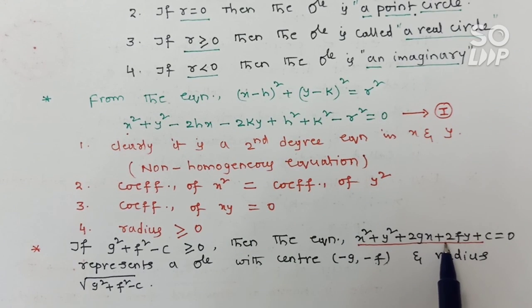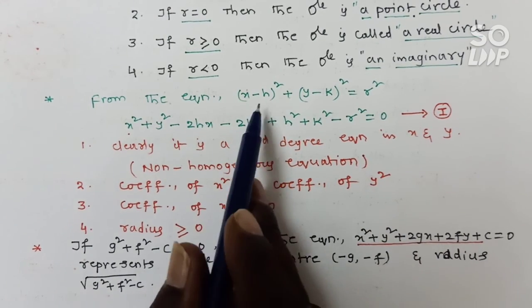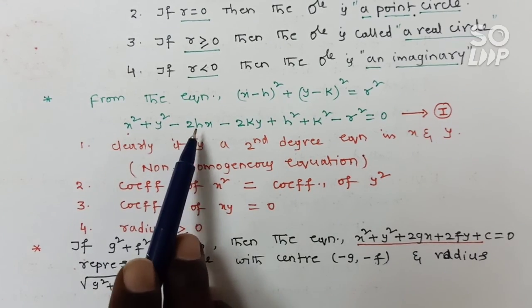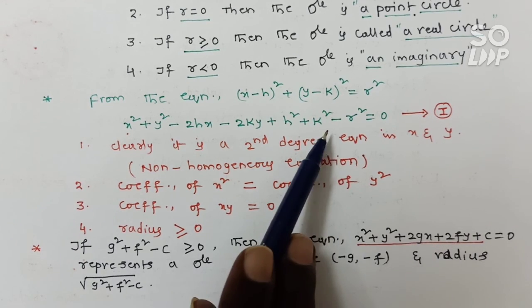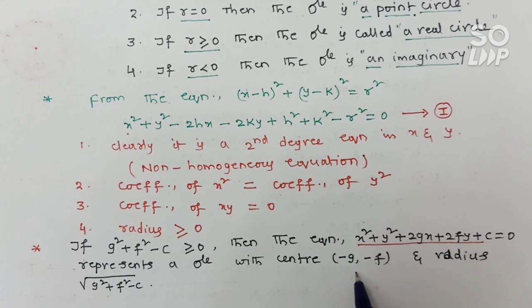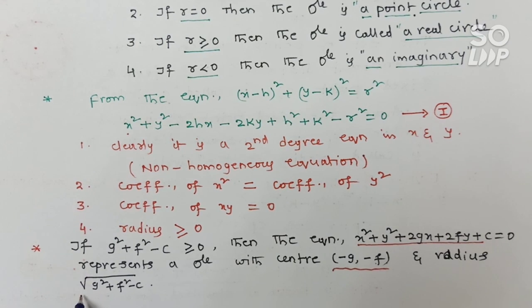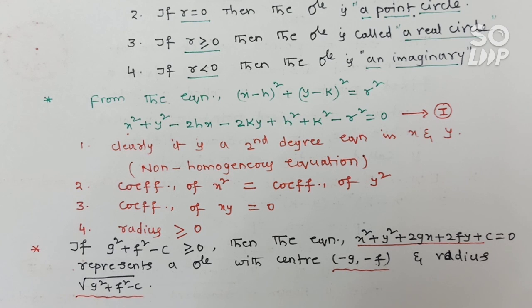By comparing this equation and Roman number 1, here h comma k is the center. So comparing the coefficient of x, the coefficient of y and the constant, you will get that the center is minus g comma minus f, and the radius is equal to the square root of g square plus f square minus c.